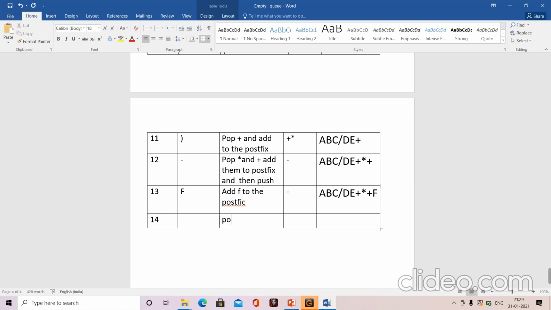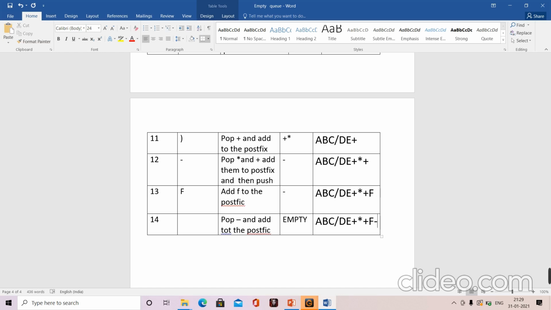What we have to do? Pop minus and add to the postfix. So your stack will be empty now, and we get A, B, C slash D, E plus, F minus. So this is the postfix operation.